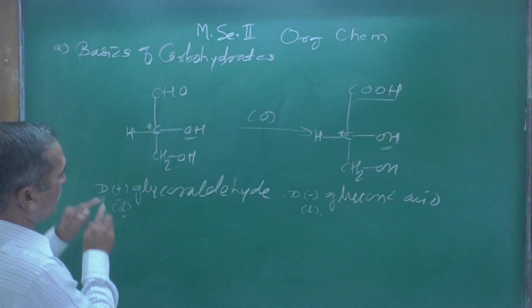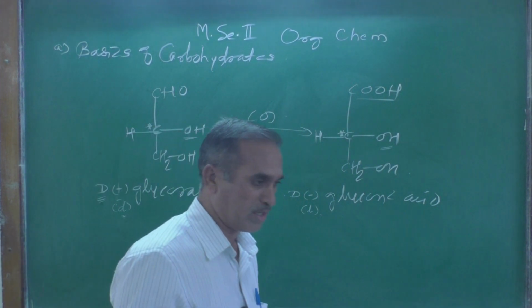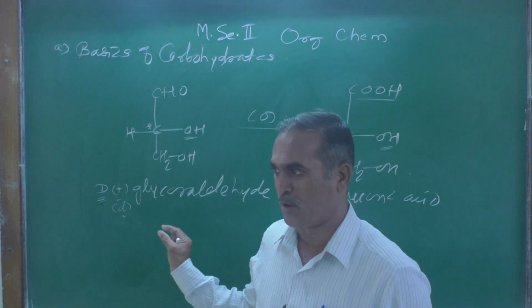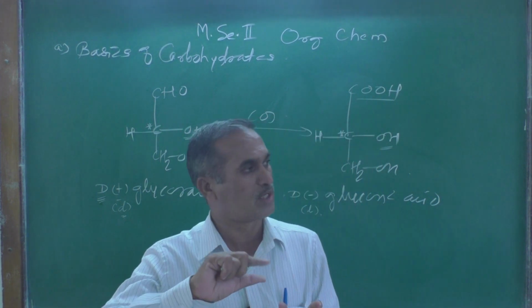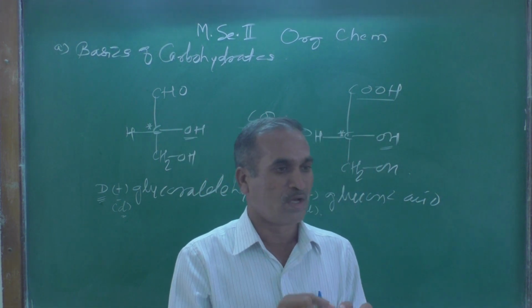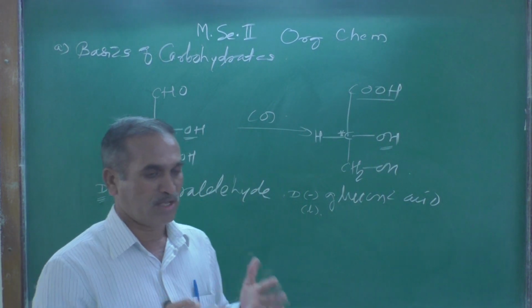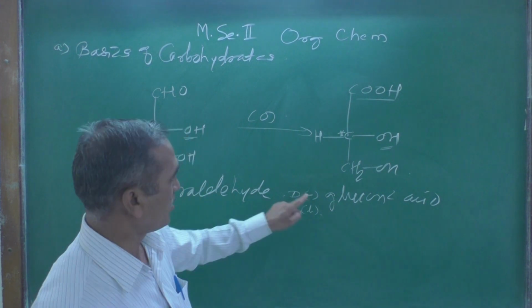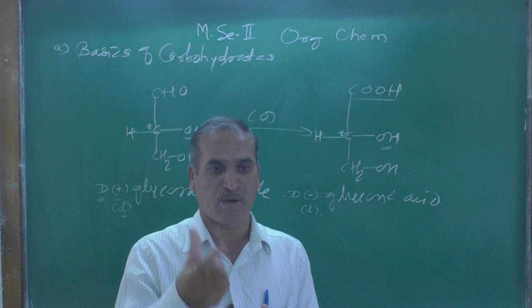is related to dextrorotatory and levorotatory. Dextrorotatory means that organic compound rotates the plane of polarization to the right hand side. Therefore, the symbol is plus, or we can denote it by d, meaning dextrorotatory, and minus means levorotatory, meaning the plane of polarization.